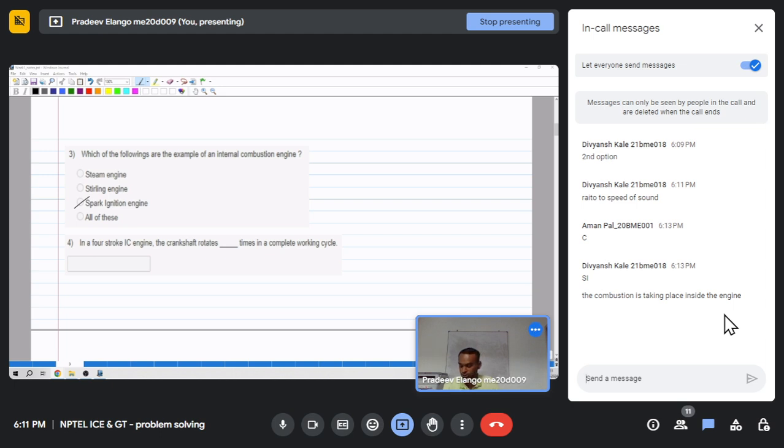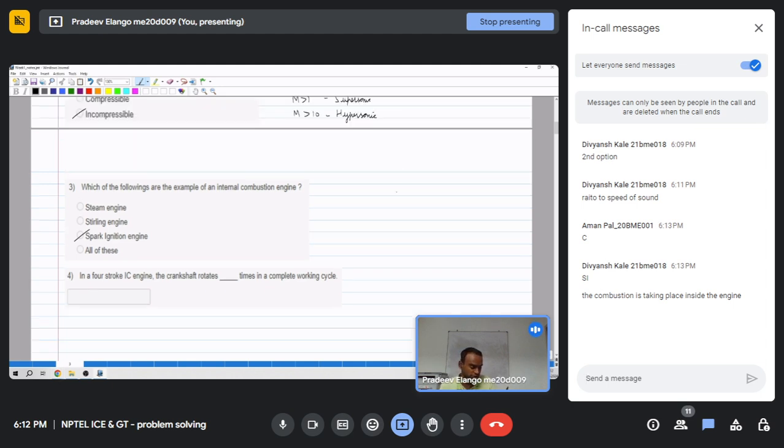Yes, correct. So in SI engine and CI engine, or a compression ignition engine, in both the engines, the combustion takes place within the engine or within the combustion chamber or the boundaries of the engine. Spark plug will be there, so combustion will take place within the combustion chamber.